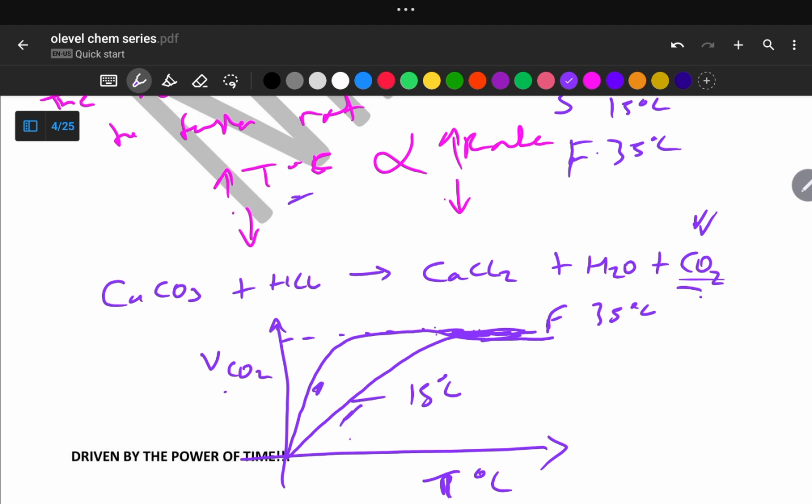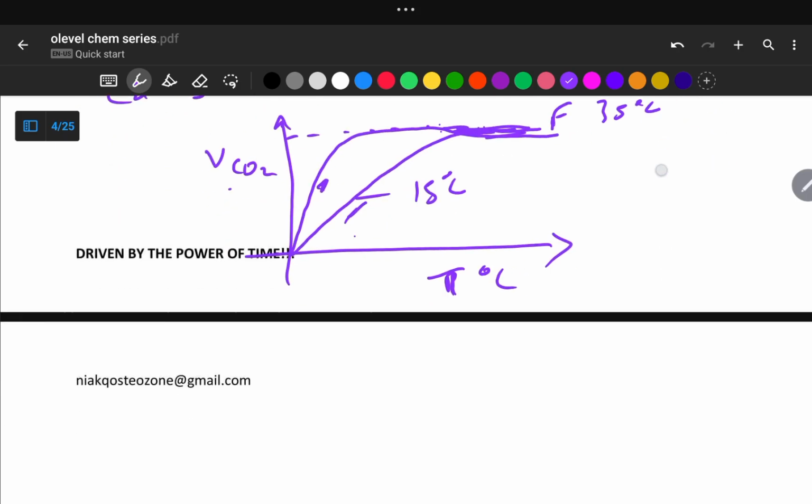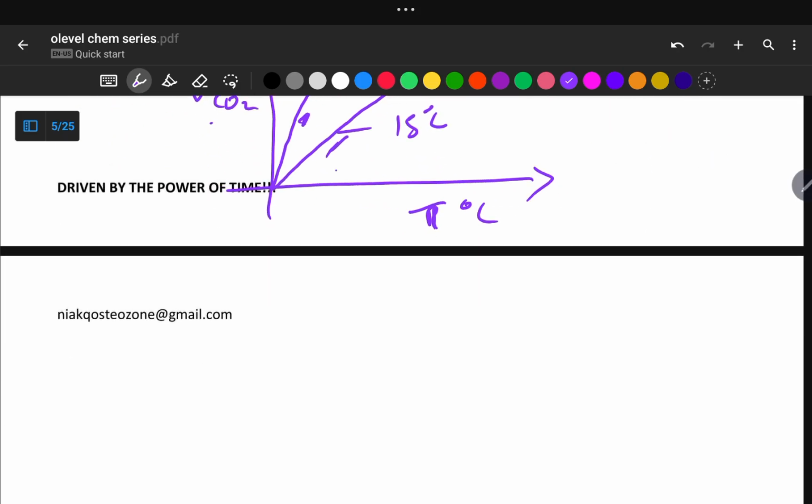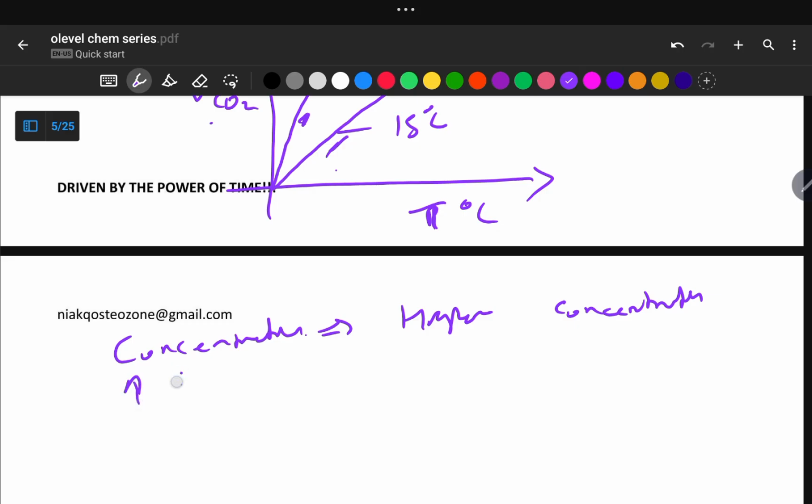And then we go on to explain the effect of concentration. For concentration, the particles in higher concentration are going to result in an increment in the frequency of effective collisions, right?